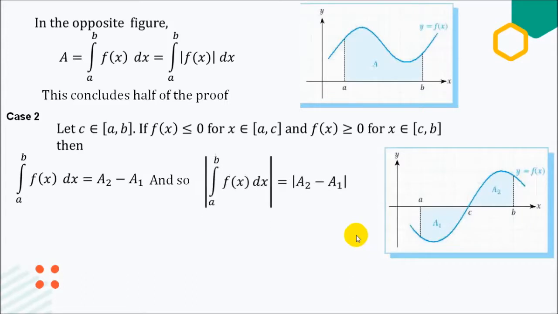And then we can take the absolute value on both sides. The absolute value of A2 minus A1 is there too. So we can get the integral from a until b of the absolute value of f(x) dx, which equals A2 minus A1, and this will be positive.